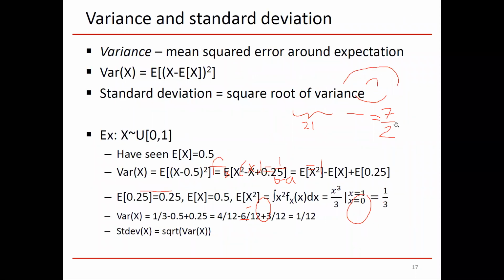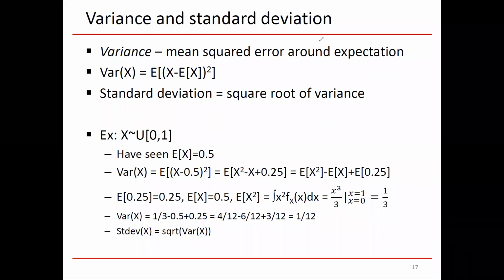All right, next slide, and I somehow forgot to clear the drawings. Variance and standard deviation. So the variance is the mean squared error around the expectation. It's defined as the expected value of, we take x, we subtract off the expectation, and the squared error is the square of x minus E[x].